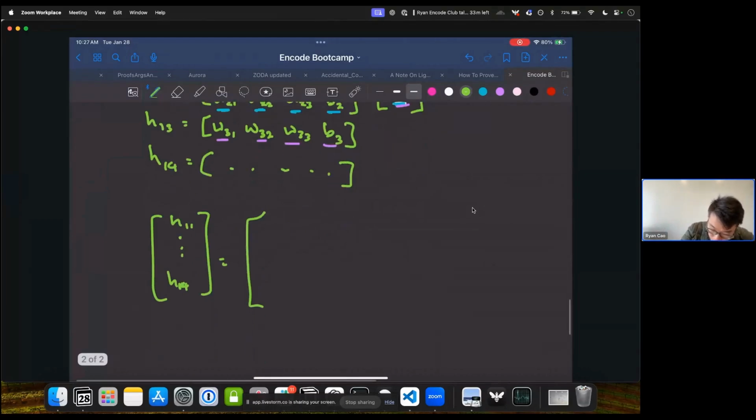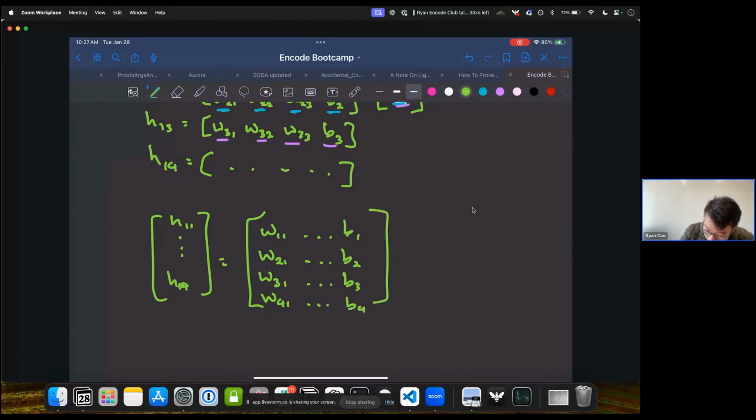So w11 all the way through b1, w21 all the way through b2, w31 all the way through b3, and then w41 all the way through b4, times the column vector x1, x2, x3, which are just the inputs, and then 1. And so this is the succinct linear algebra way of representing a fully connected layer.